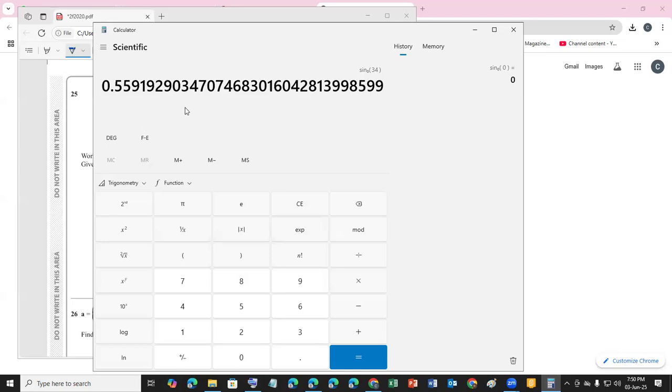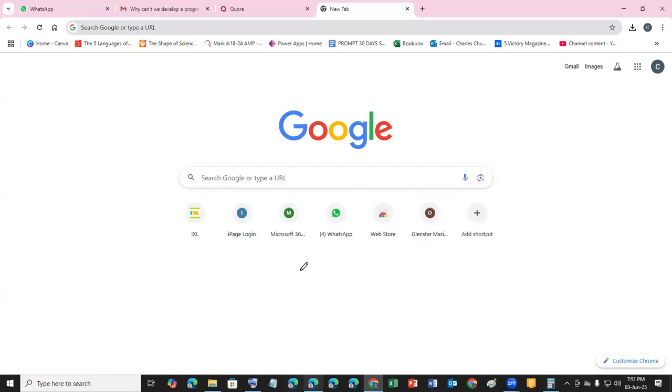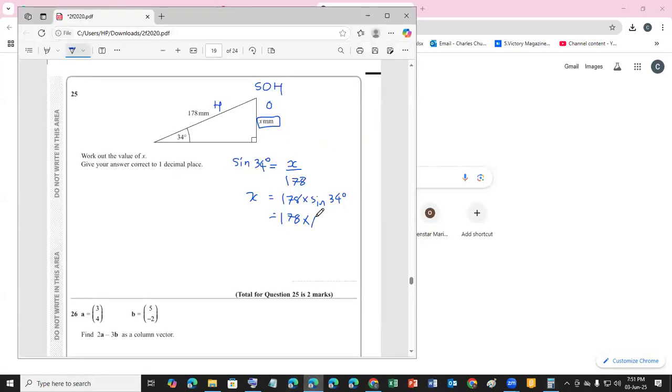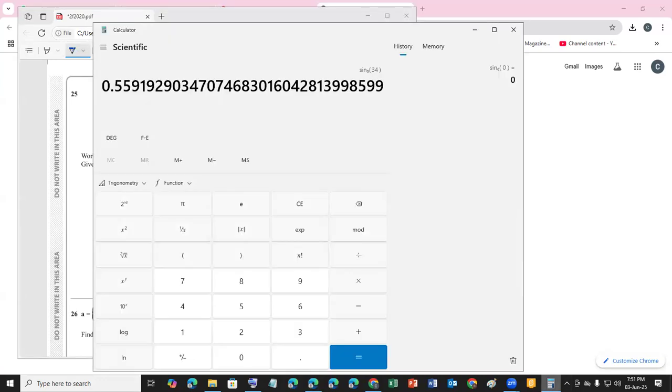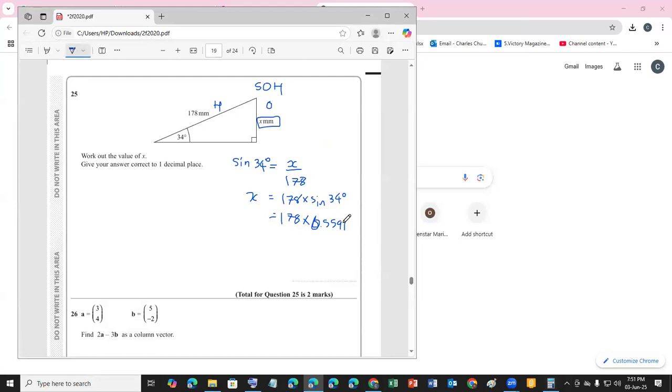Okay, so let me just take this, 0.5591. Or is that 0.5592? Oh, okay, sorry. It's 0.5592 because the number after the 1 is greater than 5.